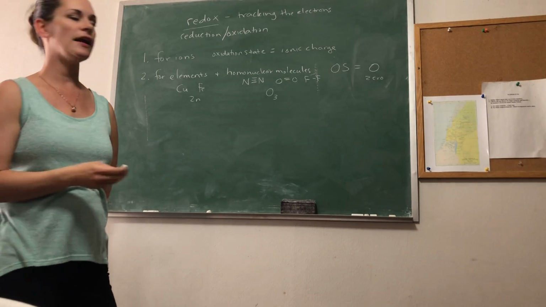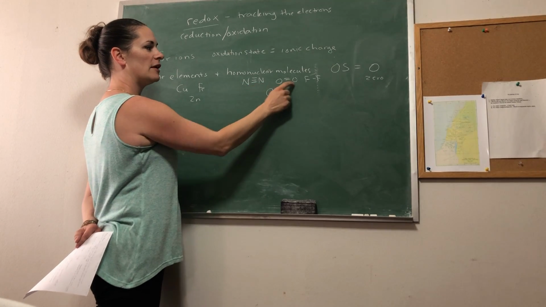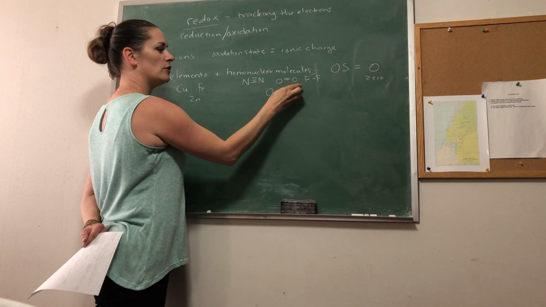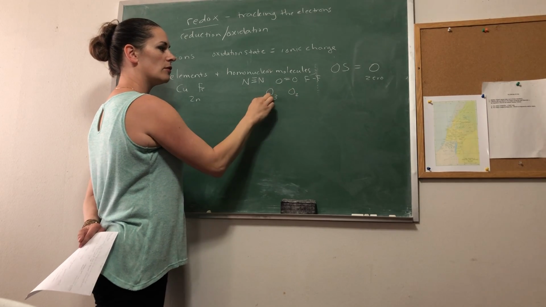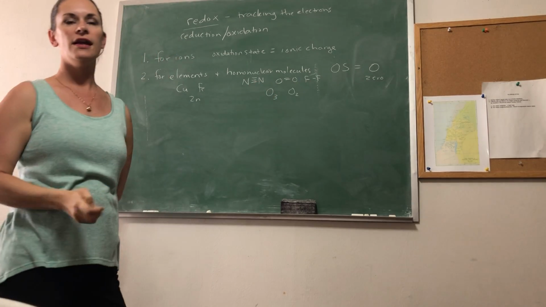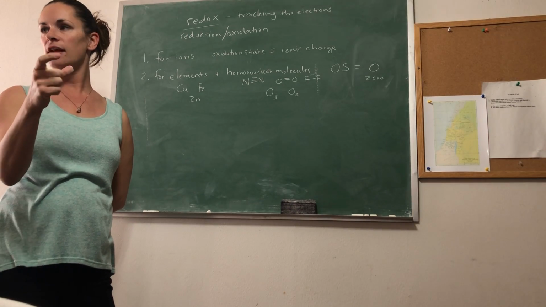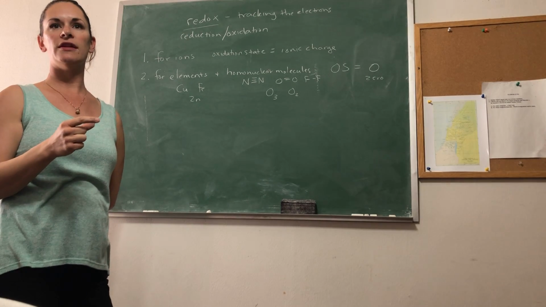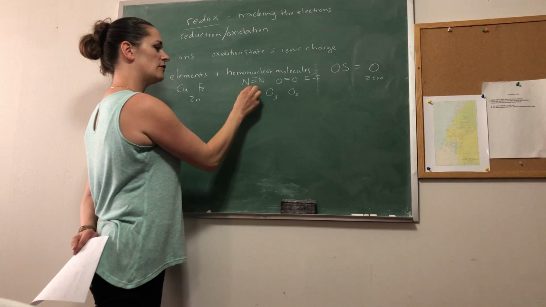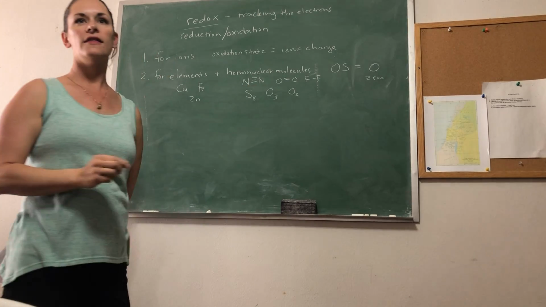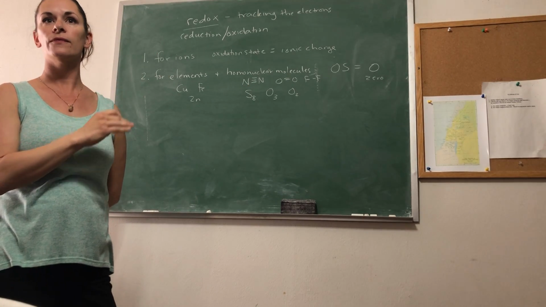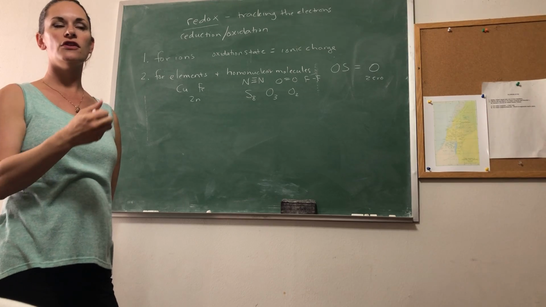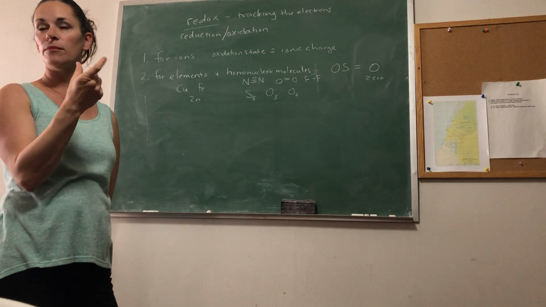Okay, so anything that has an atom bonded to itself, whether in O2 or O3, F2, N2, anytime it's the same atom bonded to itself, however many times, like S8, sulfur, the oxidation state's going to be 0. Okay? Because there's no sharing of the electrons in a polar way.